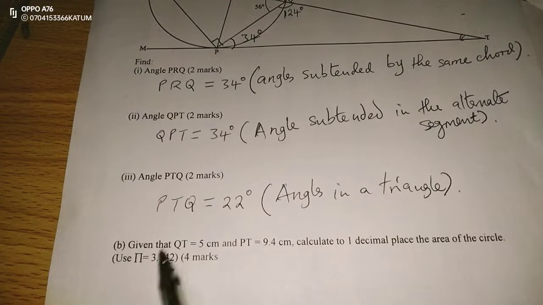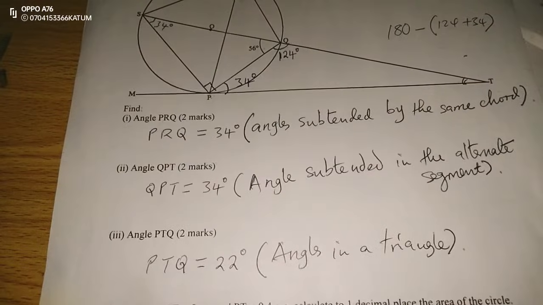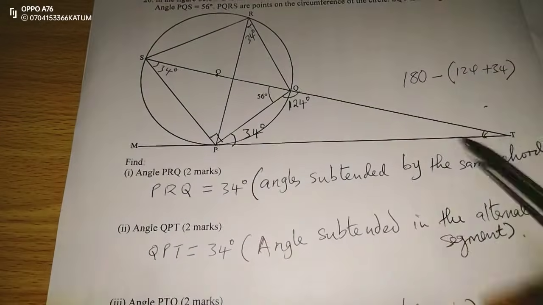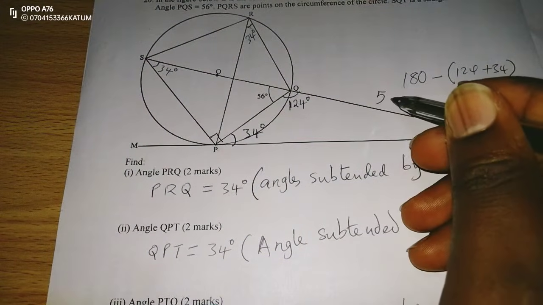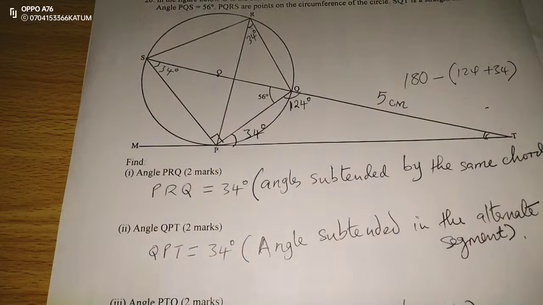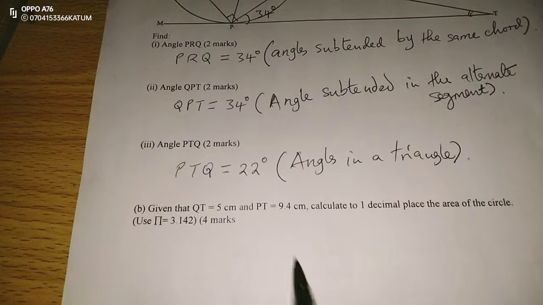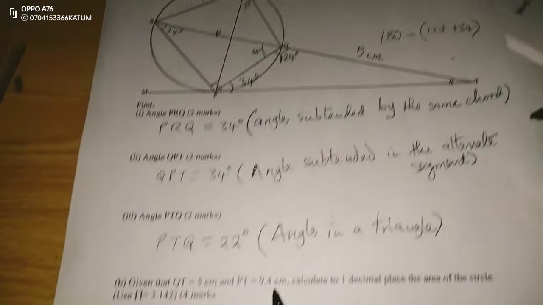This can be a reasonable reason why we have followed that route. Given that QT, this is a line now, a length, QT equals 5 centimeters. PT is 9.4 centimeters.